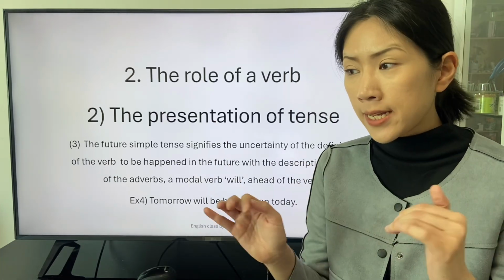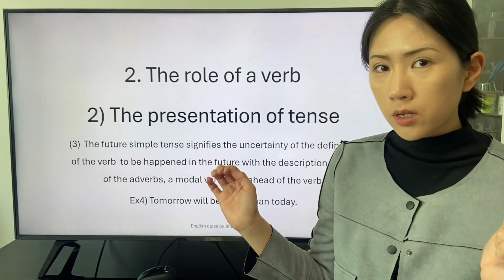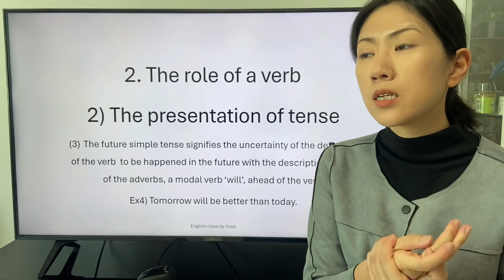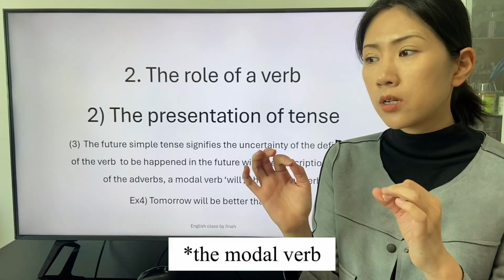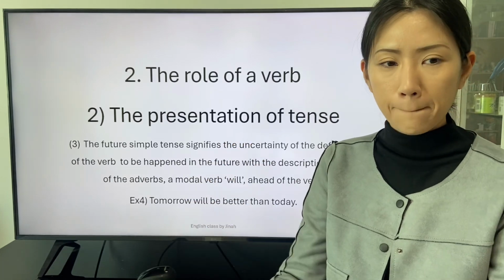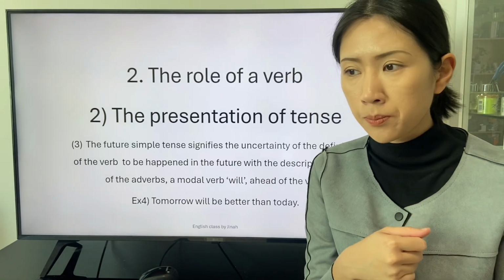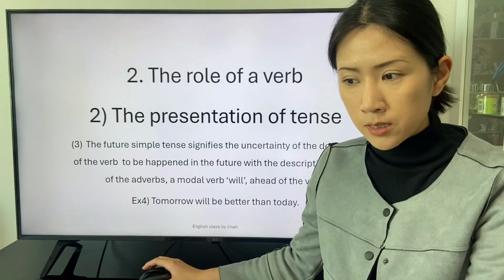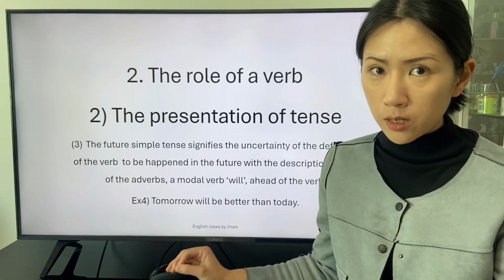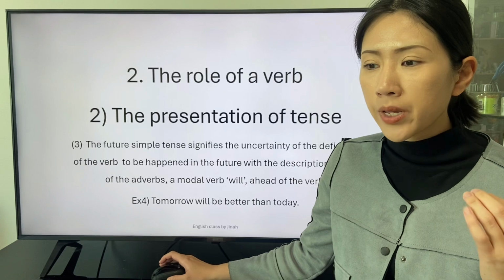The future tense implying uncertainty about the happening is stated with the modal verb will. The clause stated in the future tense is with the modal verb will. The modal verb will describes the verb.